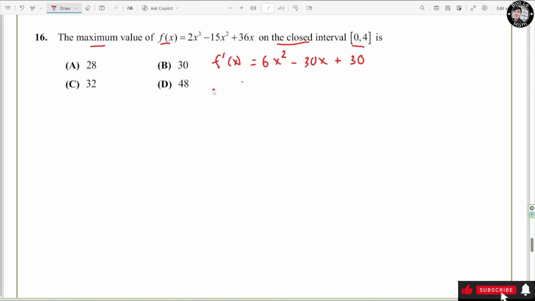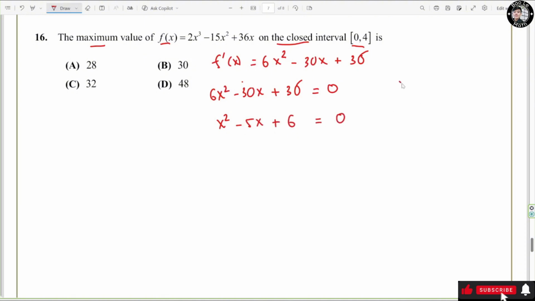And then we let 6s squared minus 30s plus 36 equal to 0. Now divide both sides by 6, so we have s squared minus 5s plus 6 equal to 0.